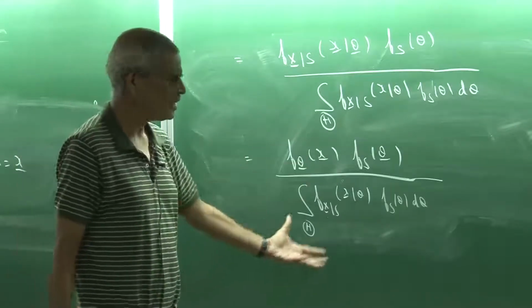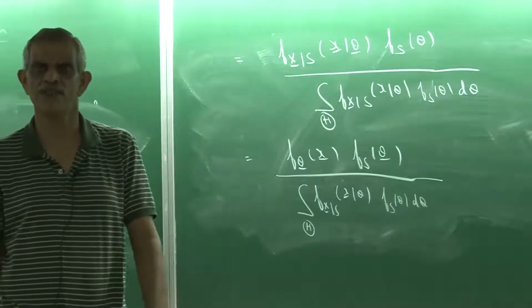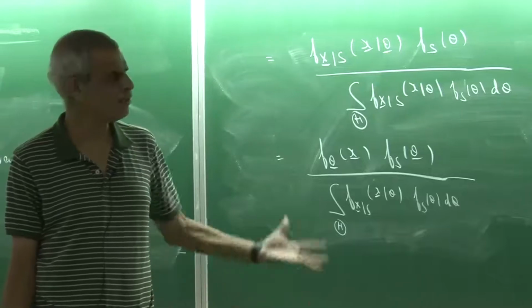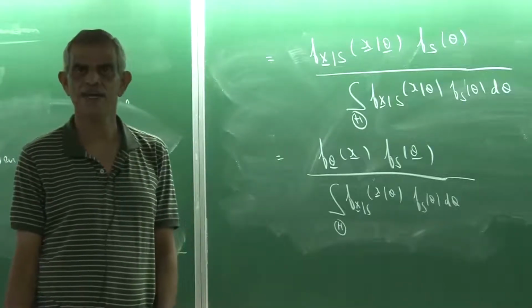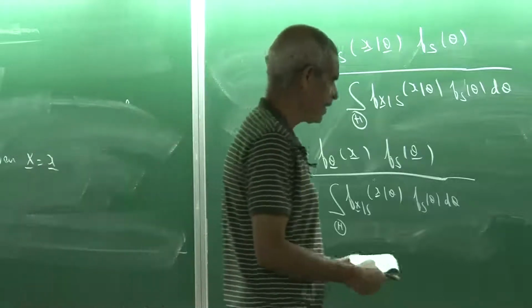And this posterior PDF contains all the information which you have at hand about theta. So the posterior distribution should play an important role in Bayesian analysis, and we'll see that is the case.